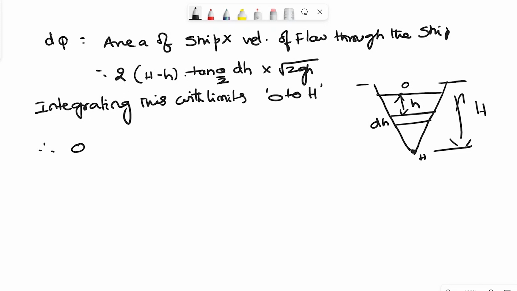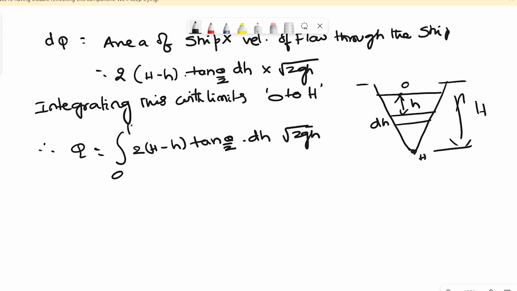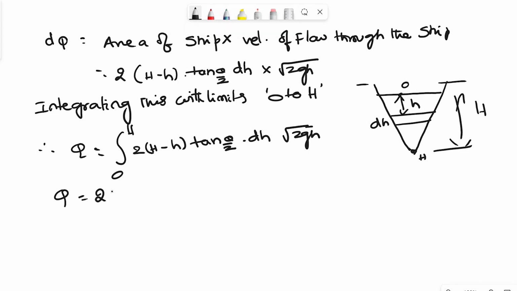Therefore, Q is equal to integral 2 into (H minus h) tan theta by 2 into dh root 2gh, and the limits are 0 to H. So Q is equal to 2 tan theta by 2 into root 2g, which we also take outside.